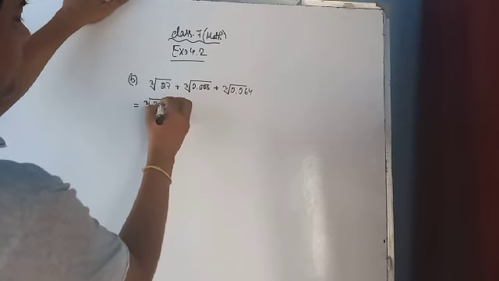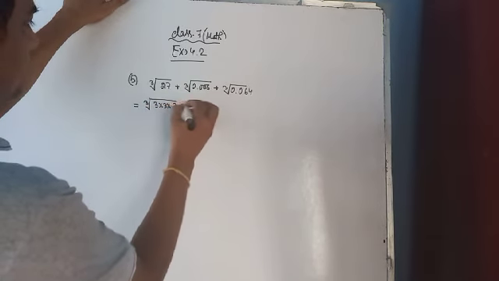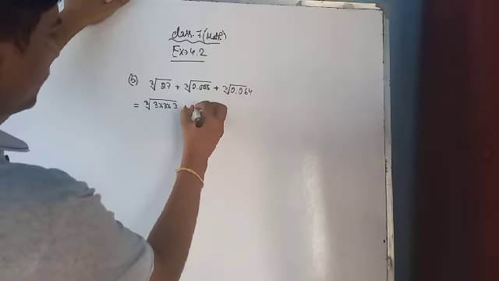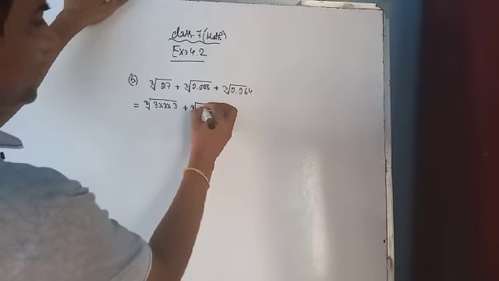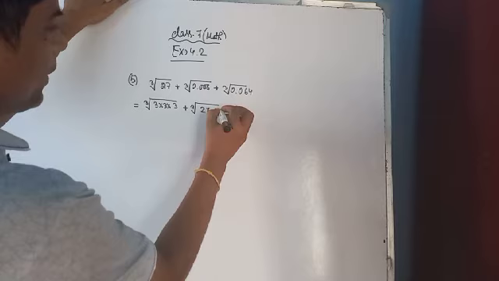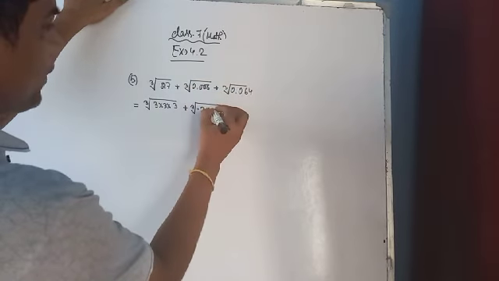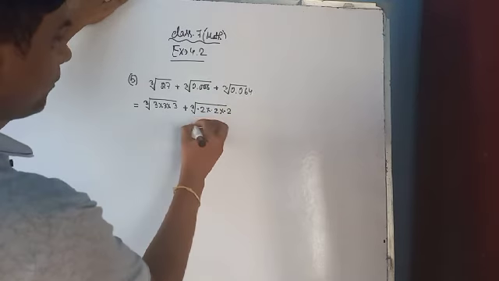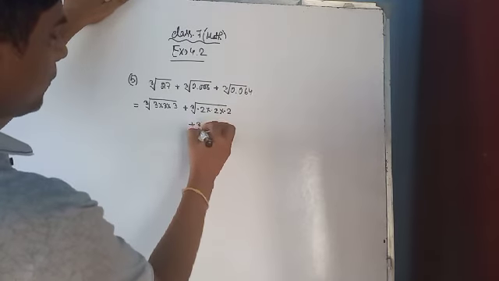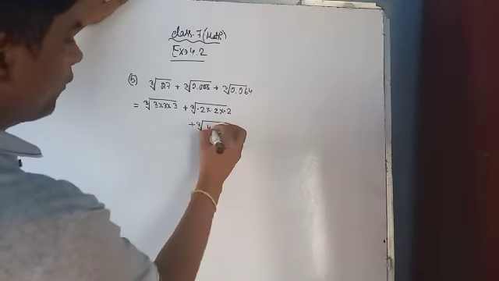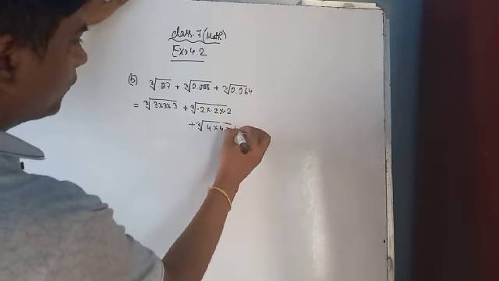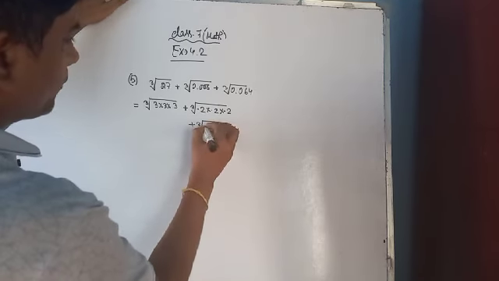So 27: 3 3s are 9, 9 3s are 27. 8: 2 into 2 into 2, in 3 places there, so you can make the point there, plus 64: 4 into 4 into 4, point.